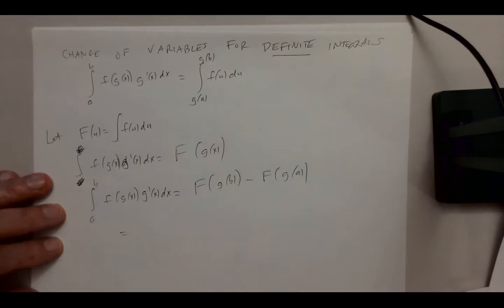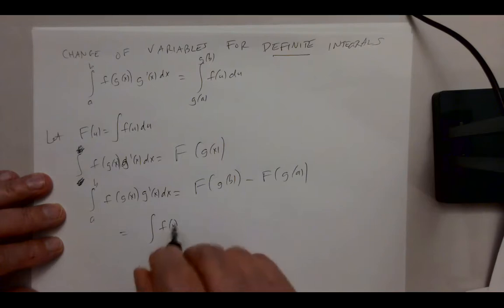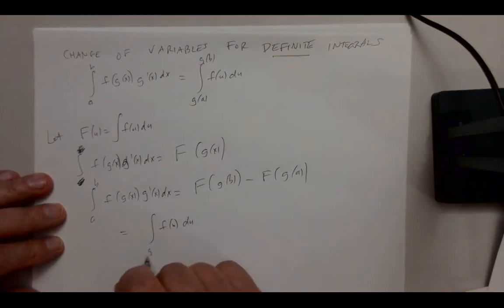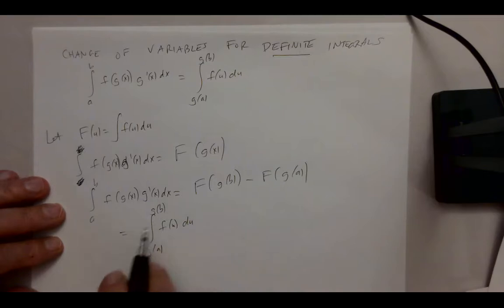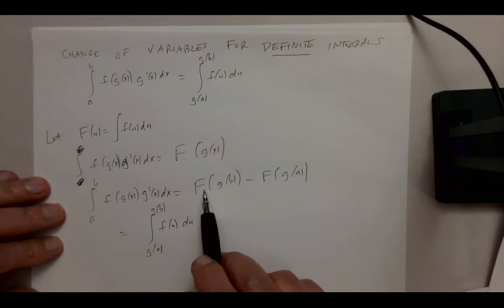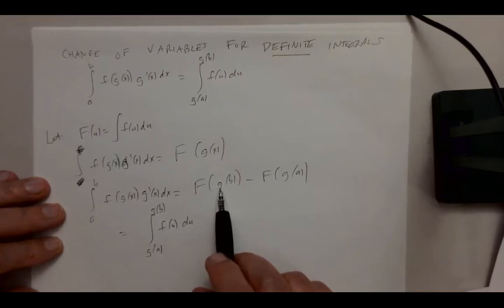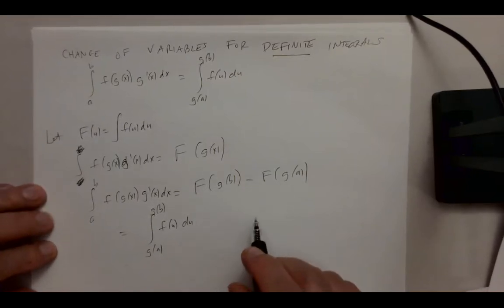Capital F is the antiderivative of f of u. So this is the integral of f of u du from g of a to g of b. Right? You take the antiderivative of little f, that's capital F, and you just evaluate it at the difference of the endpoints, g of b minus g of a.